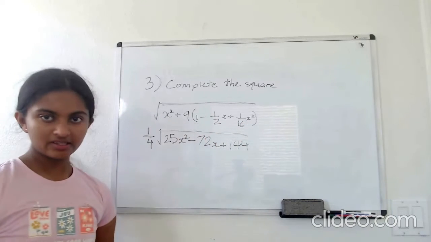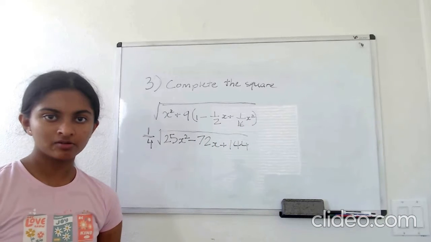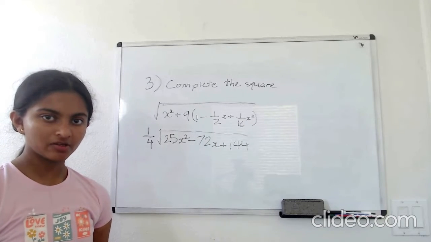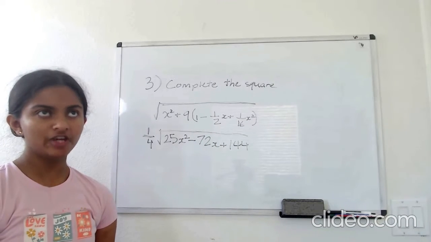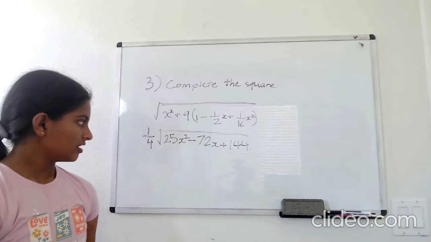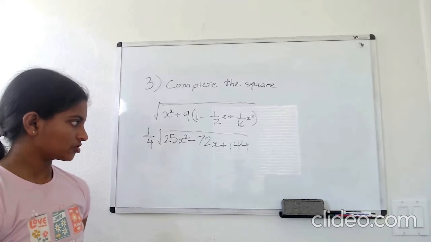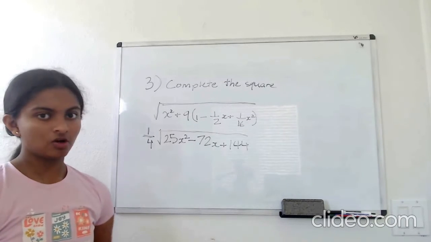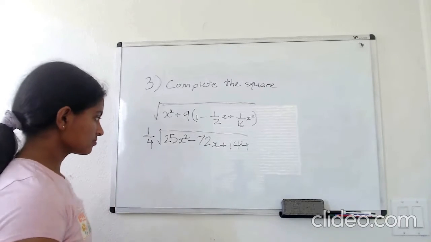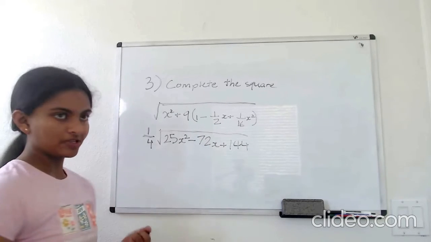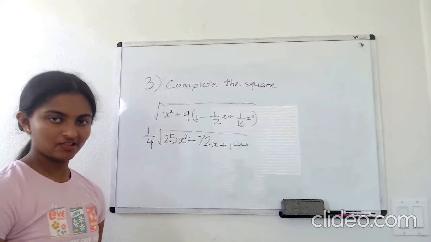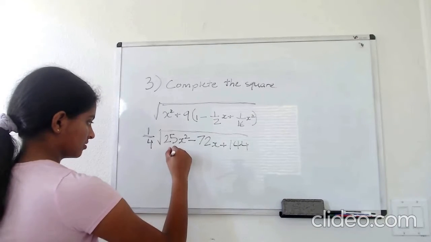I don't think I said this in my completing the square video, but maybe you already know this. Completing the square gets very, very tedious if you have large numbers, especially large odd ones. But we said we were going to do this, so we can't just give up now, can we?